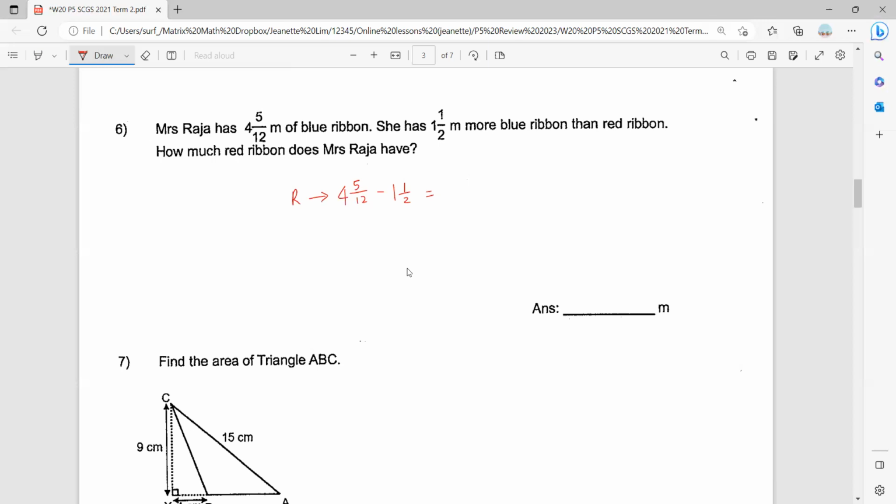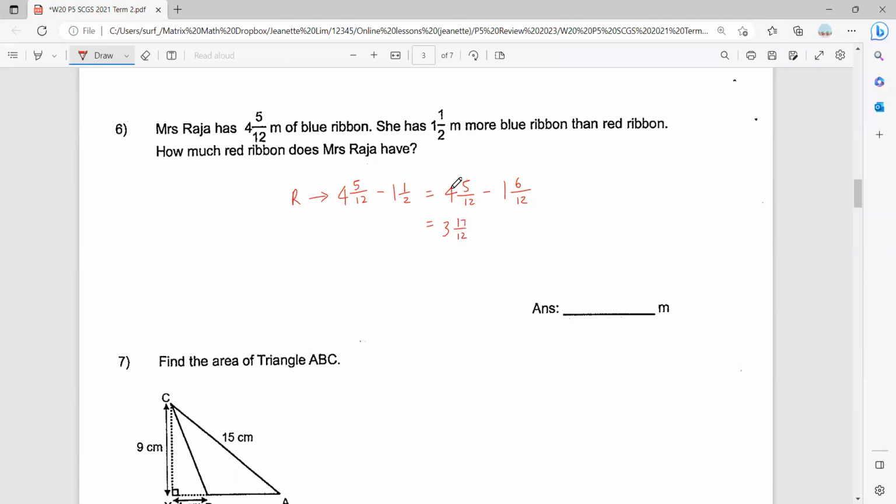Okay, new denominator, common denominator 12. So this will be 1 and 6 over 12. Take note that 5/12 cannot minus 6/12. So what we need to do is we need to convert 1 whole into 12 over 12. So it's like we are borrowing 1 whole here. We're left with 3. 12 over 12 plus 5 over 12, you get 17 over 12.